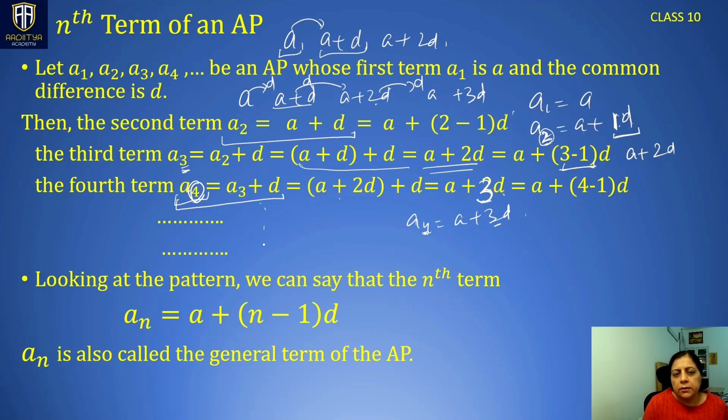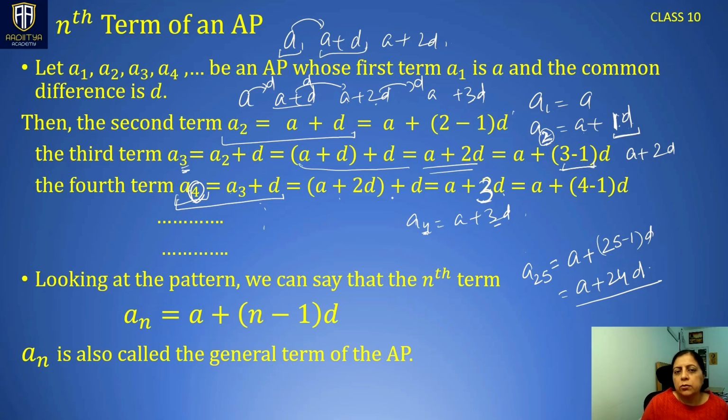So if we maintain this pattern, we can say that for any term we have to find, let's say we are finding the 25th term, it should be a plus 25 minus 1 d. That means it should be a plus 24d.